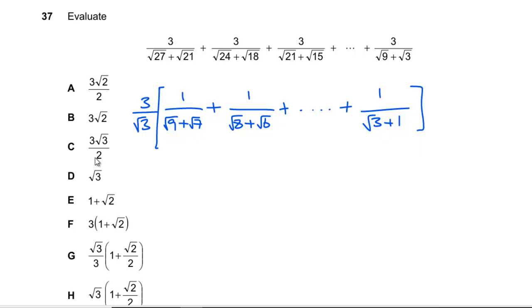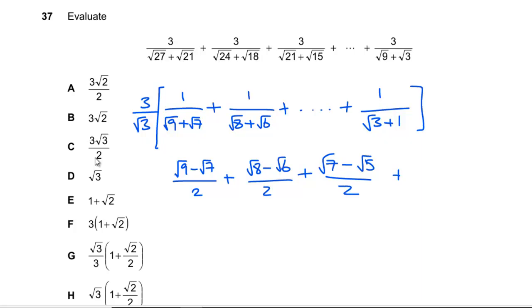I suppose I'm going to have to rationalise. If I rationalise these, what am I going to get? I'm going to get root 9 minus root 7 over 2, and then root 8 minus root 6. So I can see where this is going, because they're not all cancelling, but a lot of them are cancelling. So I'm going to have 9 plus, what do I end up with? What's the last one that I have?